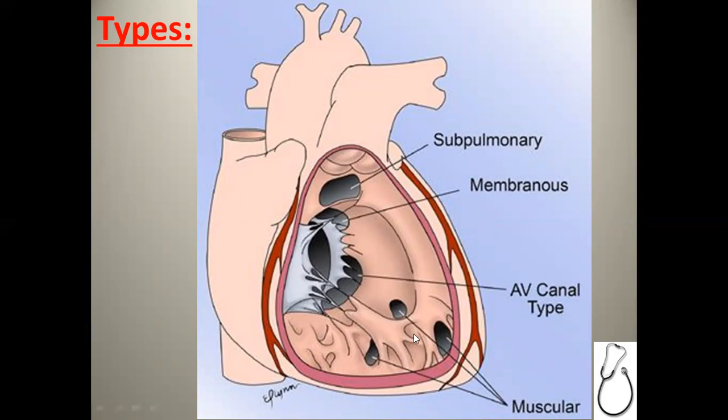The heart is upside down, so this is what we call the apical region, and this is the base. So the Swiss cheese type or multiple muscular VSD is located in the muscular portion near the apical part of the septum.